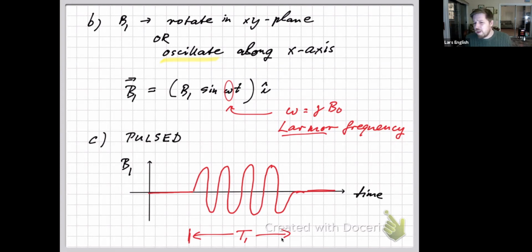How long is that duration of time? I'm going to call it T1 here. Not to be confused with T, which is the period of oscillation, 1 over f, which is just 2 pi over gamma times B naught, as we said before. So there are two time scales now in the picture. There's T1, the pulse width, and then there's capital T, the period of oscillation, which is 1 over the frequency.